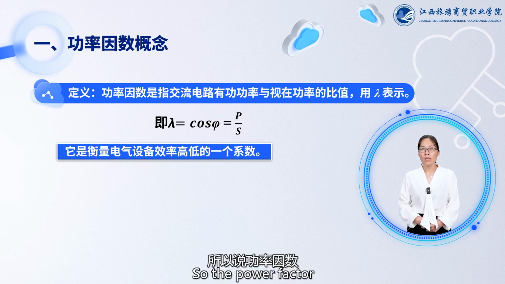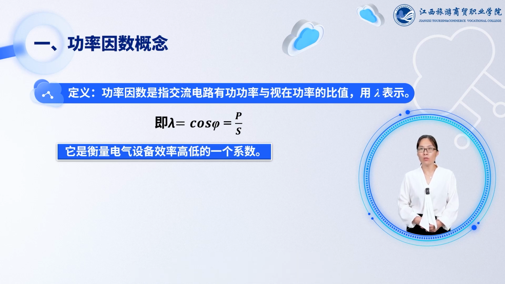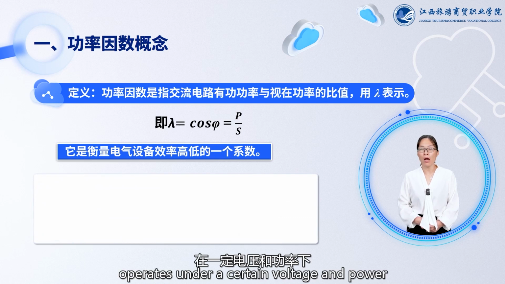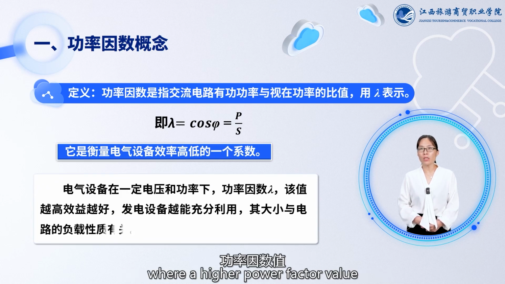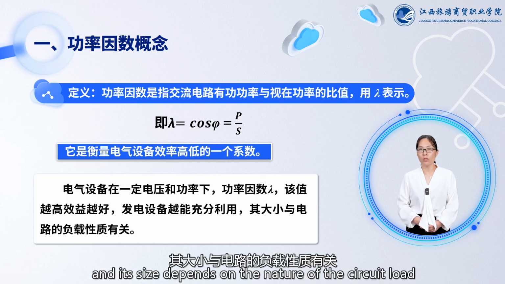So, the power factor is a very important power supply index. Electrical equipment operates under a certain voltage and power, while a higher power factor value leads to greater efficiency. Generating equipment can be more fully utilized, and its size depends on the nature of the circuit load.